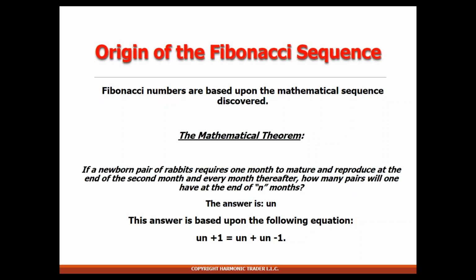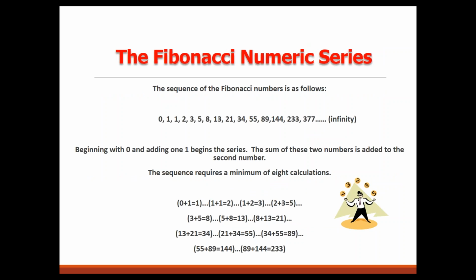The answer is u sub n. That is, u sub n+1 equals u sub n plus u sub n-1. Sounds like a lot of mathematical gibberish, but it's actually pretty significant because it's a numeric series.